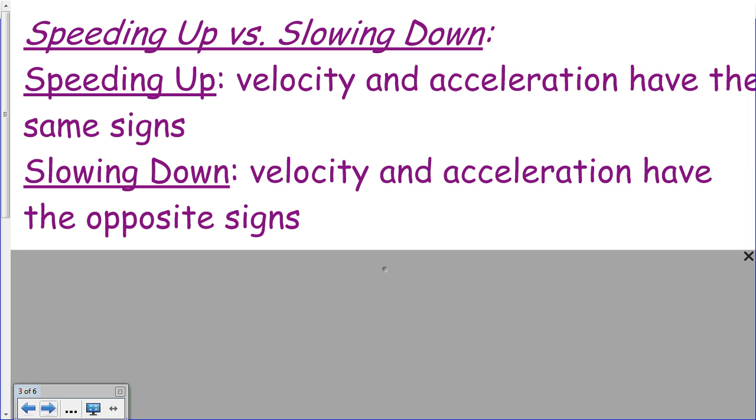And thus you are slowing down. And of course the opposite is true if you move in the other direction. If you're moving backwards, that means you have a negative velocity. A positive acceleration means you're increasing that velocity, and thus you are slowing down. I should say you're increasing it back towards zero. It was negative, and you're increasing it back to zero to make this object slow down.